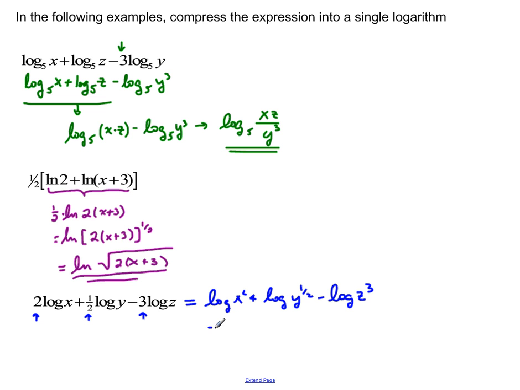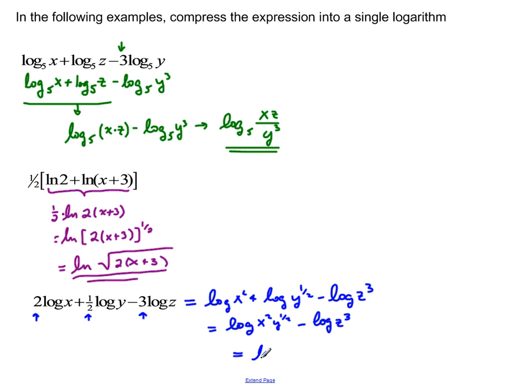Well, what does that become? Use our addition rule next. We can combine our two expressions right here to make a common logarithm of x squared times y to the 1/2 power. All of that we're subtracting from the logarithm of z cubed. And so we can use our quotient rule here to rewrite this one more time.